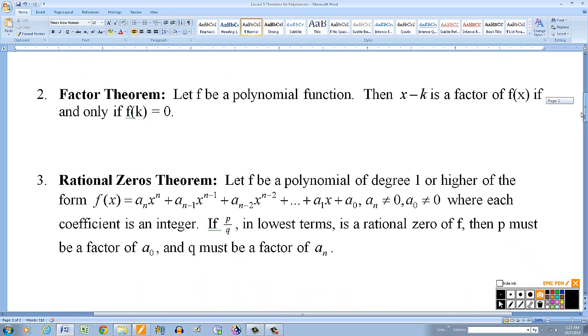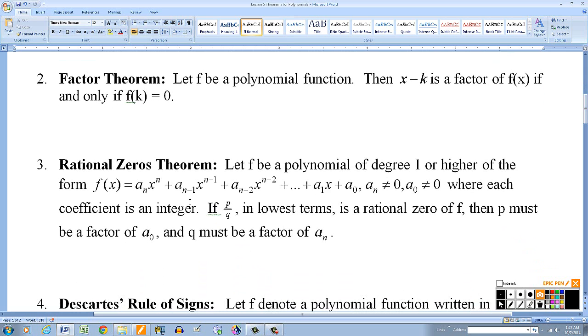Okay, the next one, the rational zeros theorem, states: let f be a polynomial of degree 1 or higher of the form. Okay, so we have the standard form written in descending powers. We want the lead coefficient not to be 0, and we want the constant term, a sub 0, not to be 0, and where each coefficient is an integer.